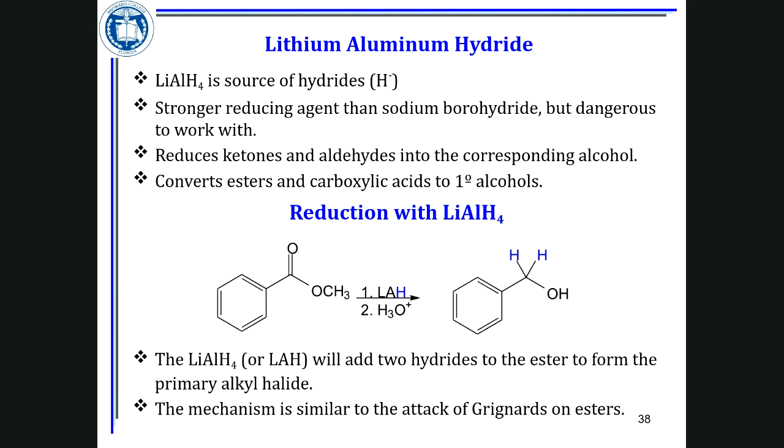So if you have the choice of using sodium borohydride, use sodium borohydride, because LAH is going to be more dangerous to work with because it's a stronger reducing agent. So if you have a choice, you would use one that is less risky, less dangerous. Because LAH can also convert the carboxylic acid into primary alcohol.